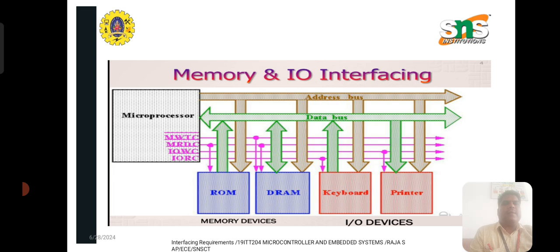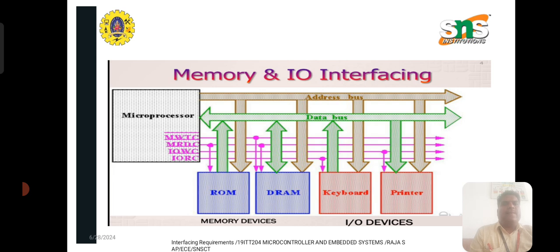The output devices may be a printer, a floppy disk, an LED display, a liquid crystal display, or a DC motor interface. Anything that can be taken as output of 8086 is called an output element.